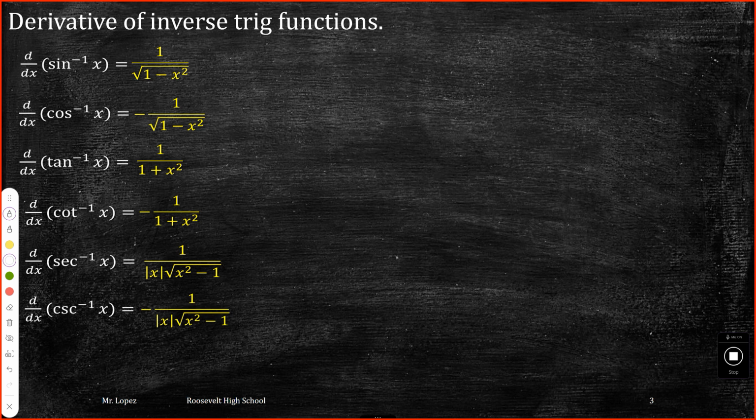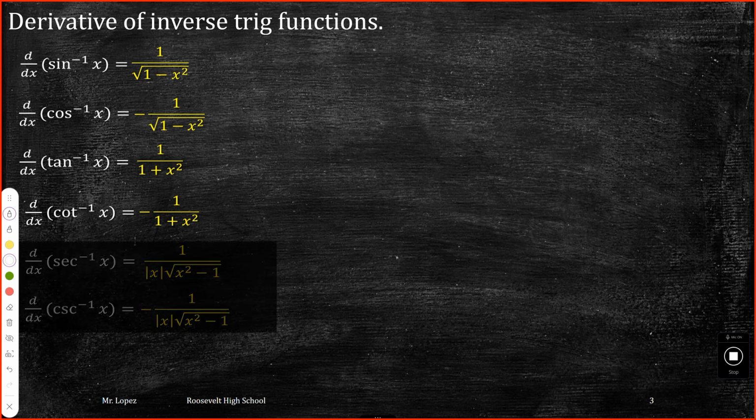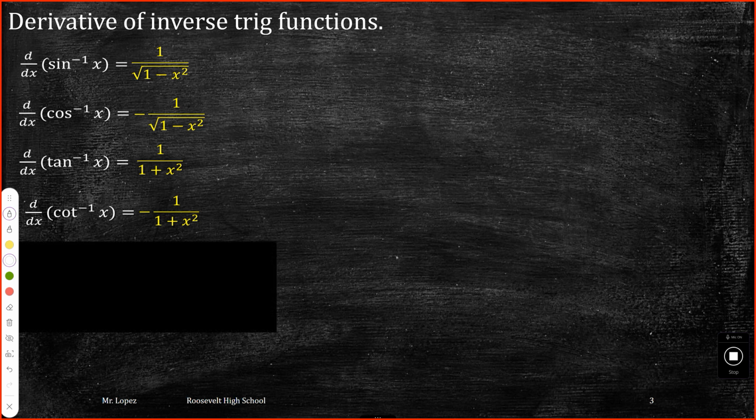Write them down if you want, but you don't need to really. It's not going to stop you from getting a 5 if you don't know these ones here. But these ones for sure you want to know. That is it.